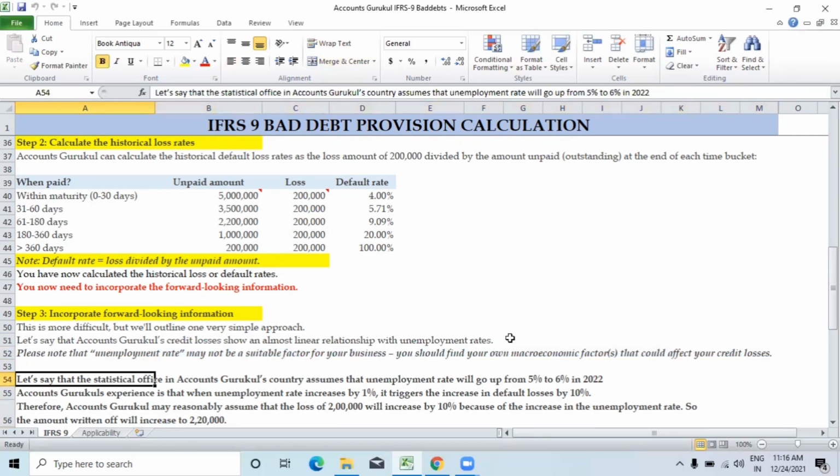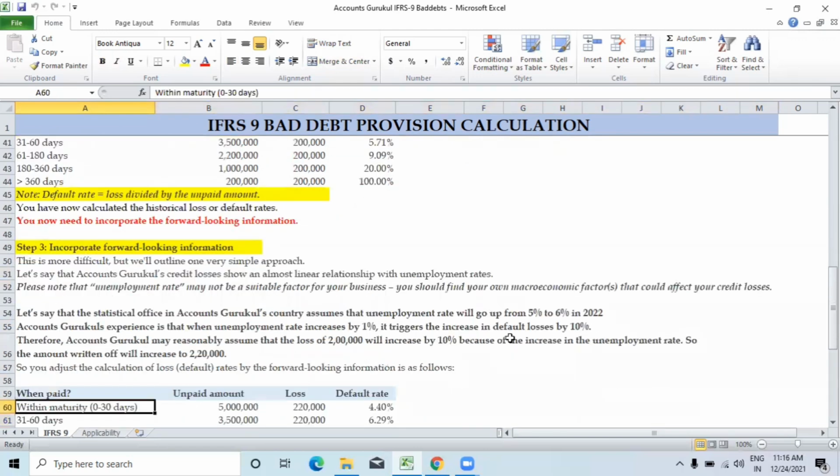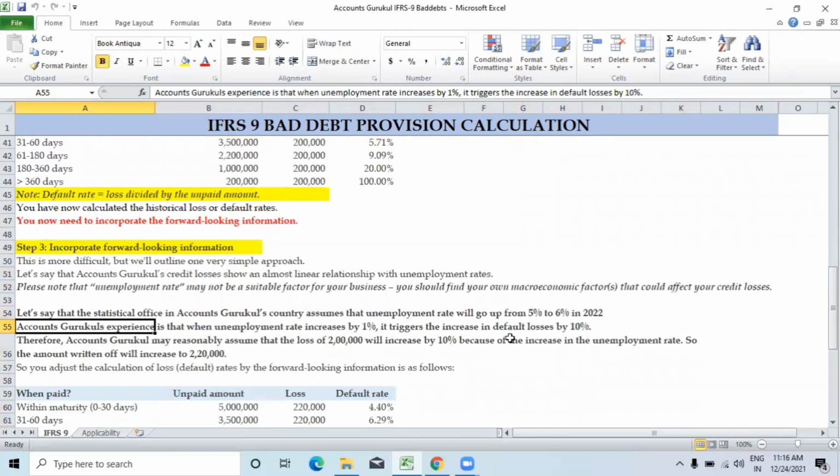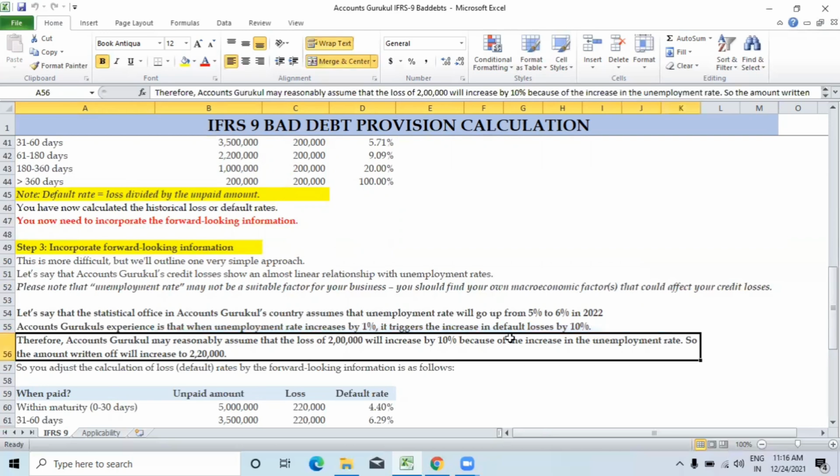Let's say that the statistical office in Accounts Gurukul's country assumes that the unemployment rate will go up from 5% to 6% in 2022. Accounts Gurukul's experience is that when the unemployment rate increases by 1%, it triggers an increase in default loss by 10%. If the unemployment rate increases, it's going to impact our receivables by 10% if it's increased by 1%.